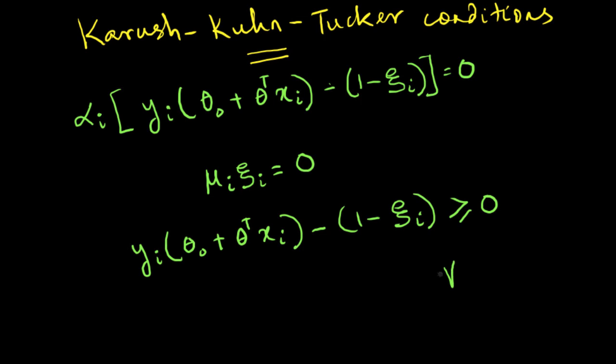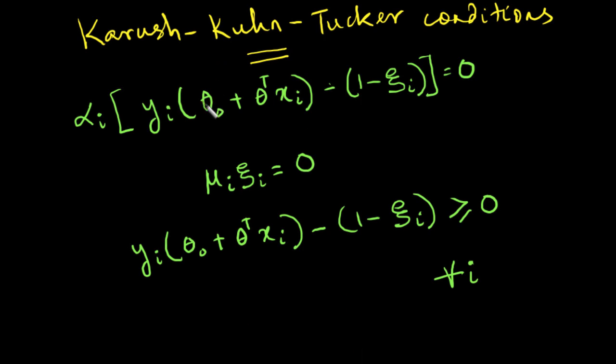All of this is for all i. This last one, of course, we have already seen earlier. We used it for our definition of the Lagrange function also. But these two are additional conditions, which help us in reaching the most optimum value of our parameters.